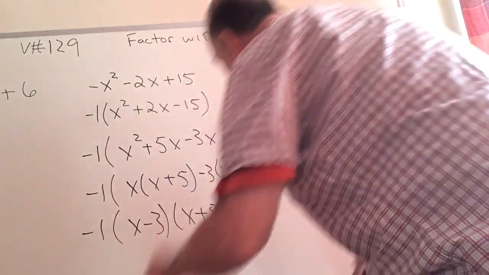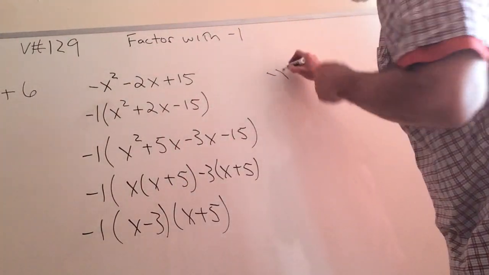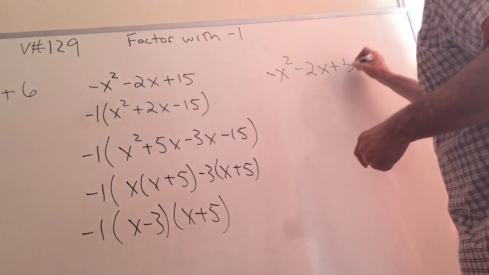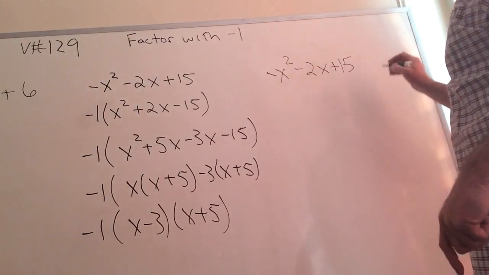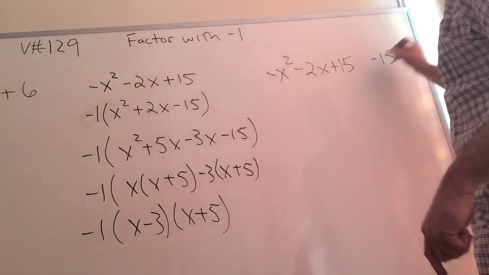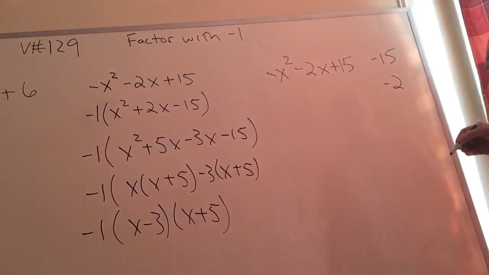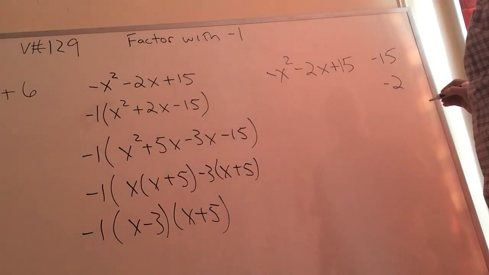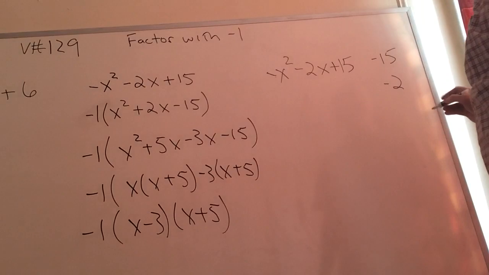But I'm going to go here, and do it anyway. Okay? And I'm going to rewrite it. And now I'm just going to follow the steps that I was taught. A -1 times positive 15 is negative 15 and negative 2. So I have to think up of two numbers that multiply out to negative 15 and add up to negative 2, where the negative is bigger than the positive.